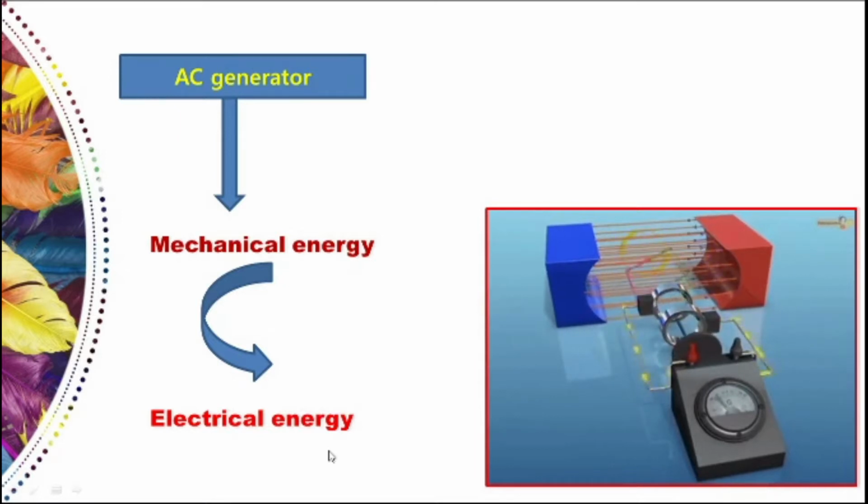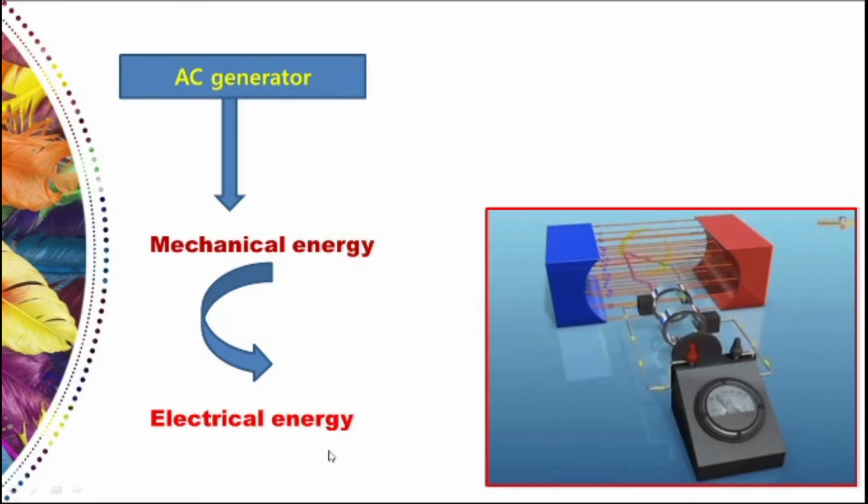In commercial generators, the mechanical energy required for rotation of the armature is provided by water falling from a height, for example from dams. These are called hydroelectric generators.